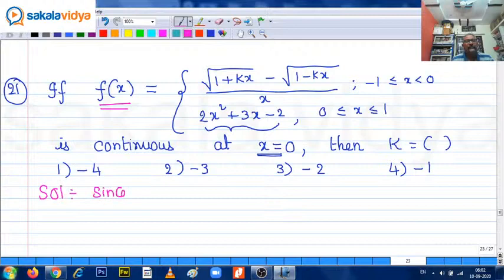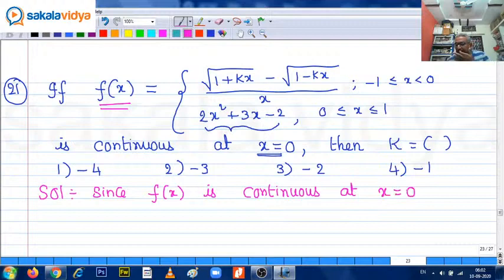Since f of x is continuous at x is equal to 0, therefore f of 0 must be equal to limit x tends to 0 of f of x.